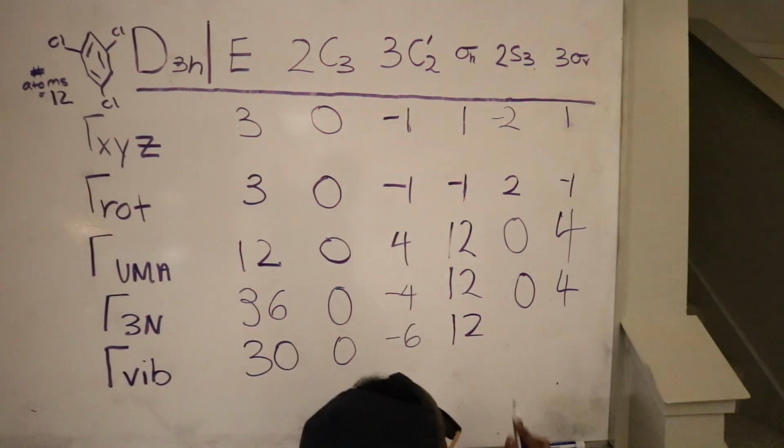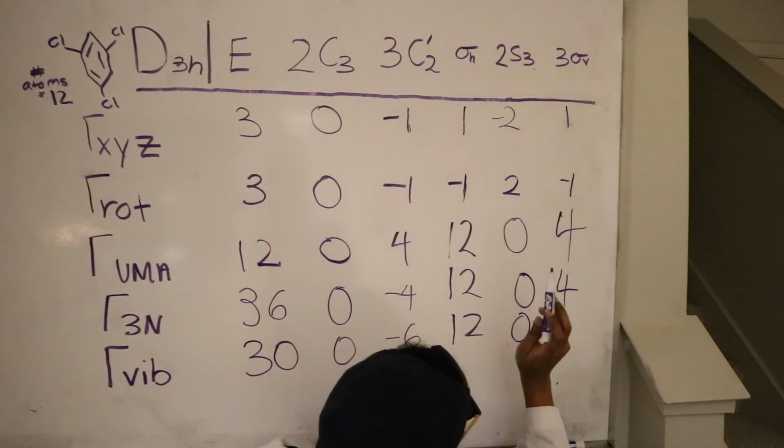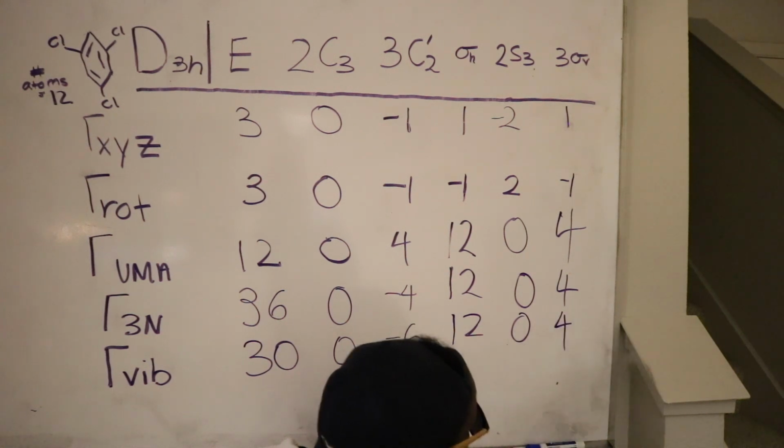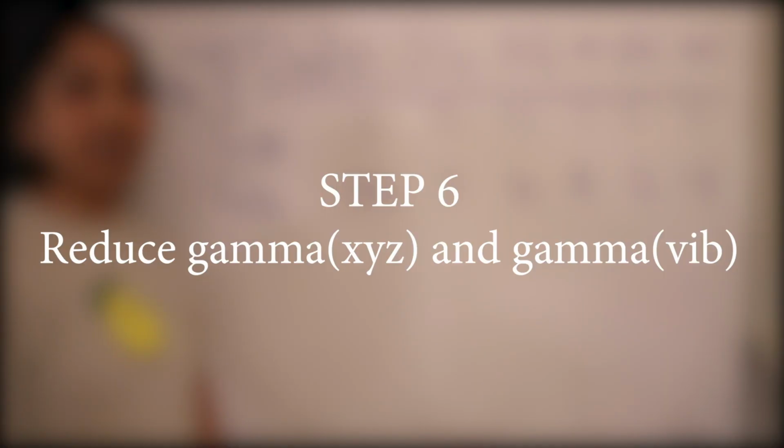Then 0 minus 2 minus -2 is 0. And 4 minus 1 minus 1 is 4. Cool.